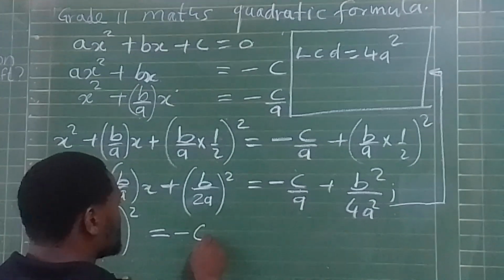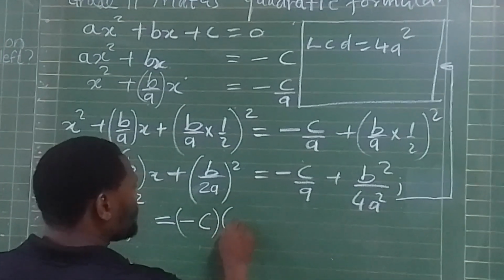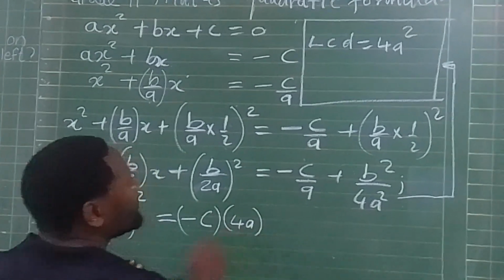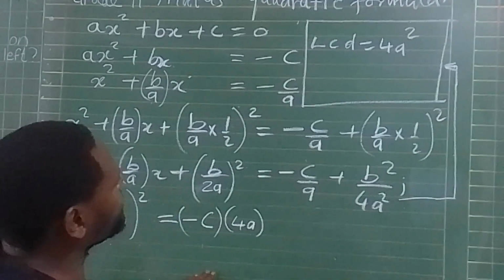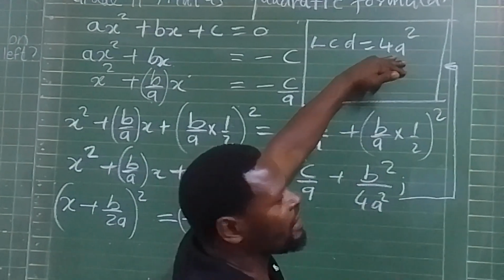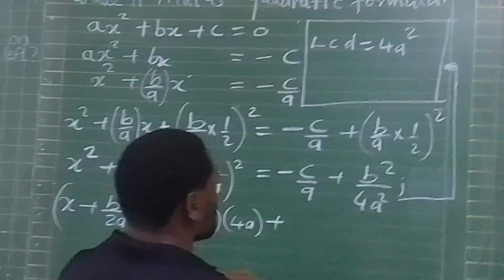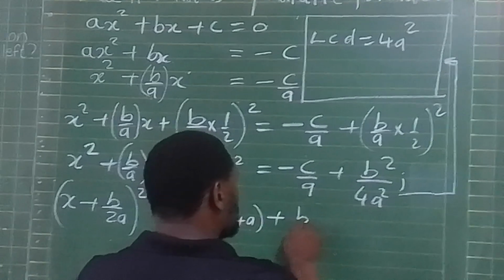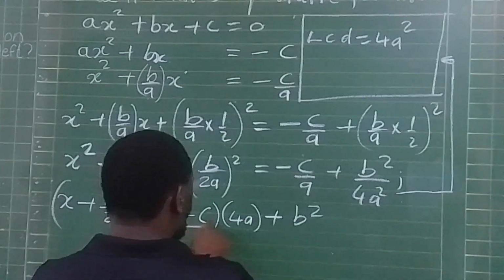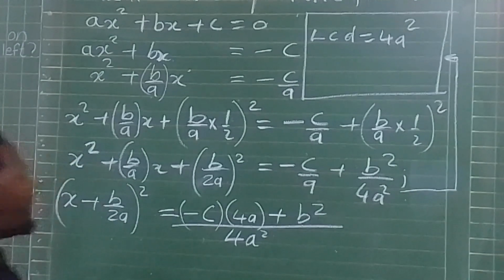So you have minus c, which is going to be multiplied by 4a, plus: 4a squared divided by 4a squared goes once. 1 times b squared is b squared, all over 4a squared.